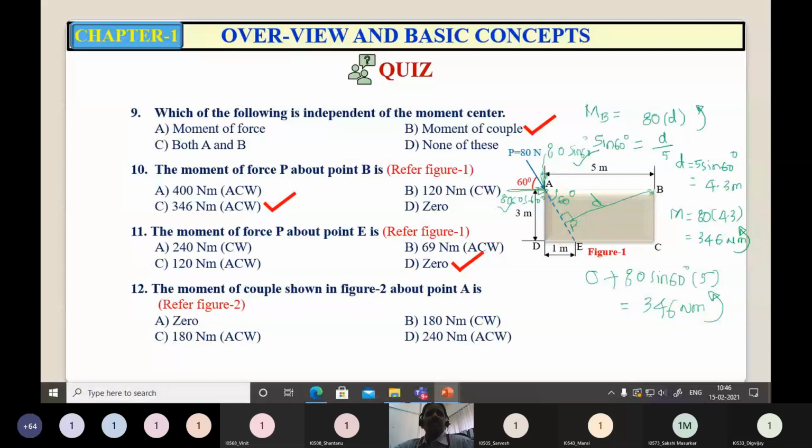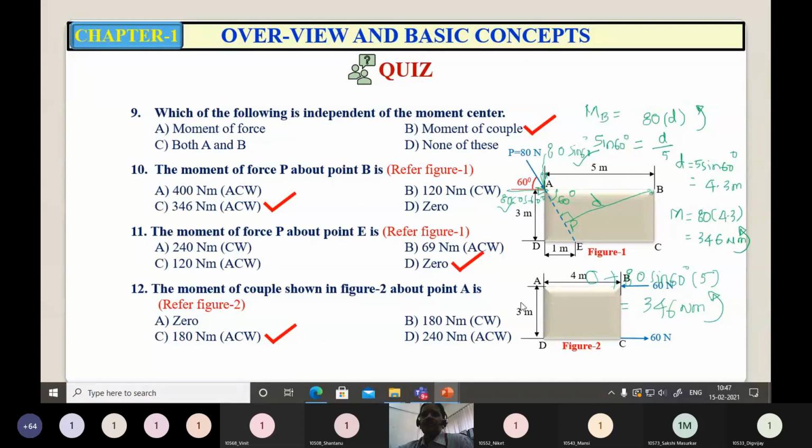Now the moment of the couple shown in figure 2 about point A. Sir, 180 Newton meter anti-clockwise. See, the moment of a couple is always constant. It is independent of the point about which it is taken, and the moment of a couple is equal to the product of force into the perpendicular distance between the two.